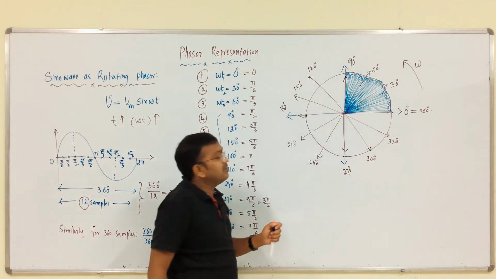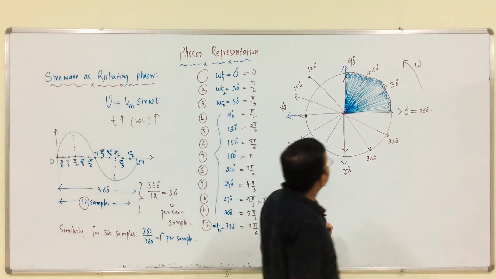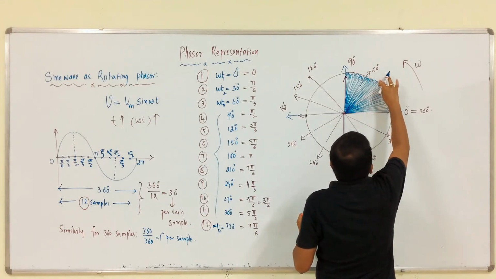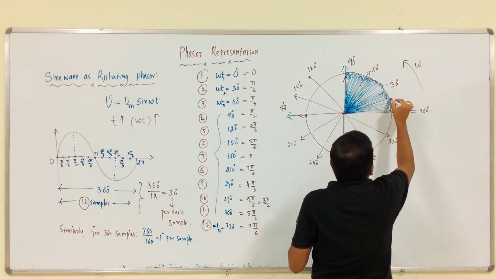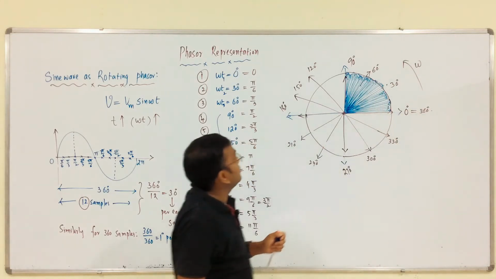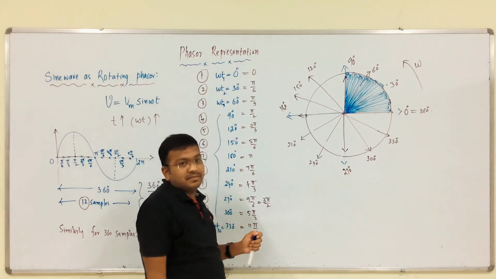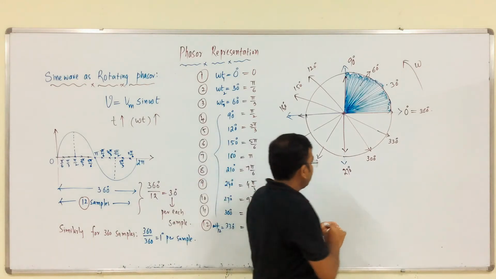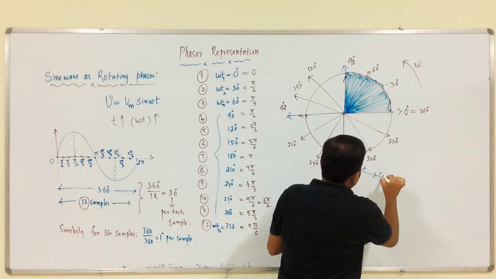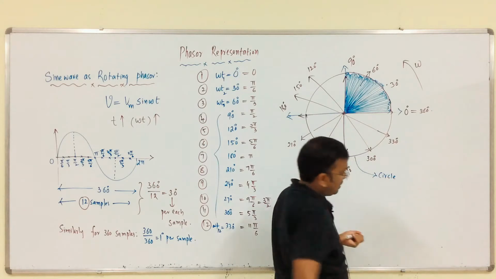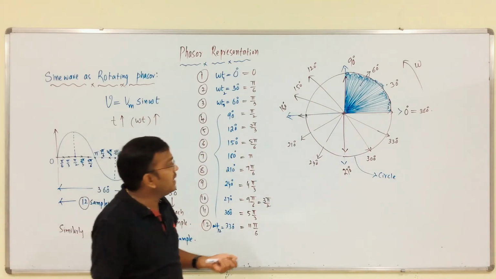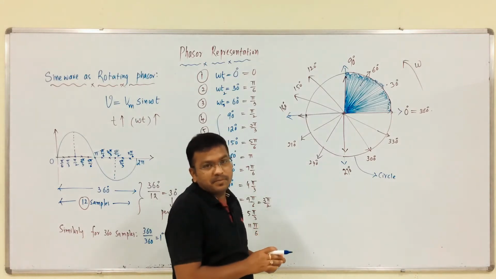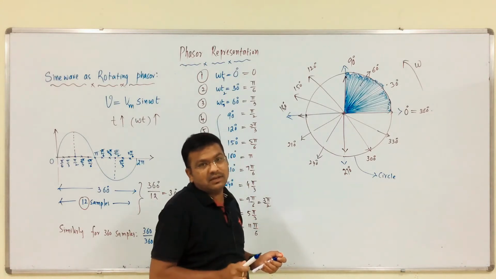If we connect the outer peripheries of this 360 samples, we will get a circle. That is it. So, what is the locus? Circle we have to get. This is a very important observation.